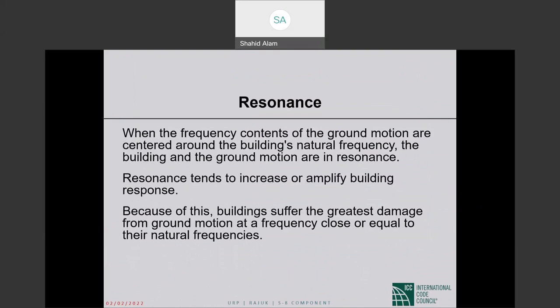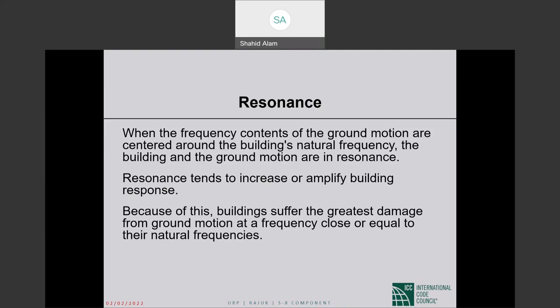Now, the very important concept of resonance. When the frequency contents of the ground motion are centered around the building's natural frequency, the building and the ground motion are in resonance. Resonance tends to increase or amplify building response.